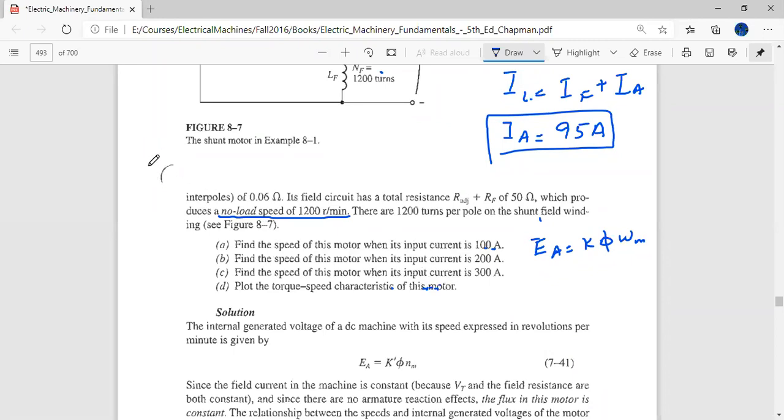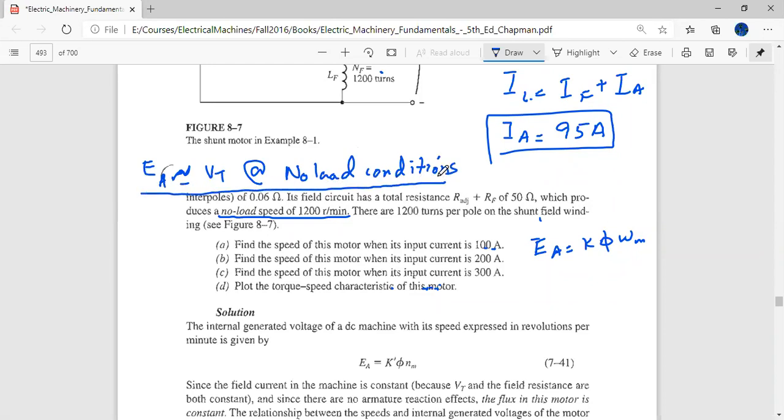That important fact is that EA is almost equal to the terminal voltage at no load condition.